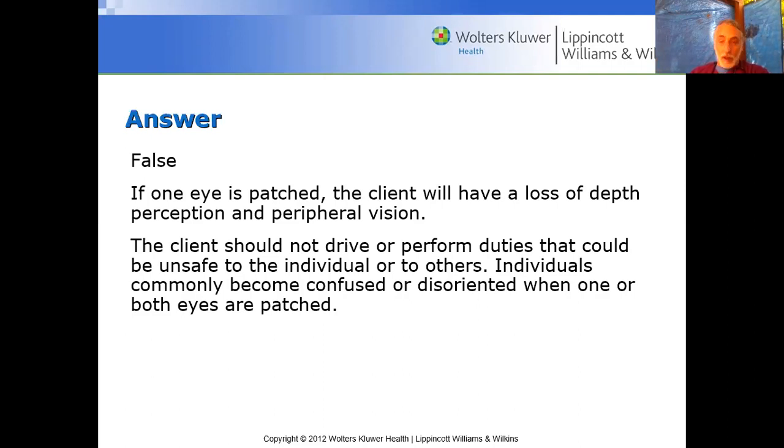So here's a little homework assignment for you to understand what your patient is going through at this time. Take a bandana, an eye patch, whatever it happens to be, and cover one eye.